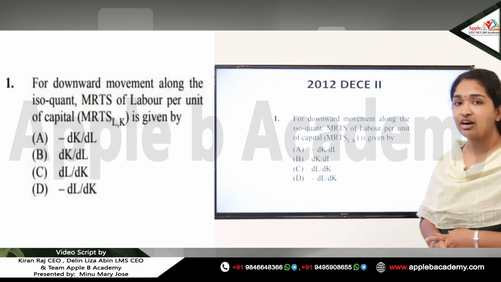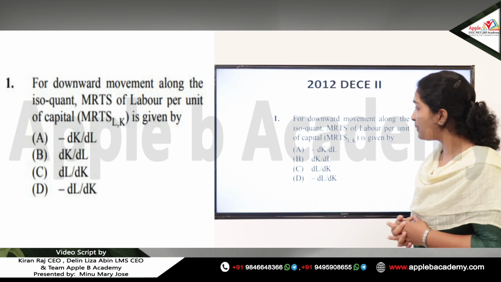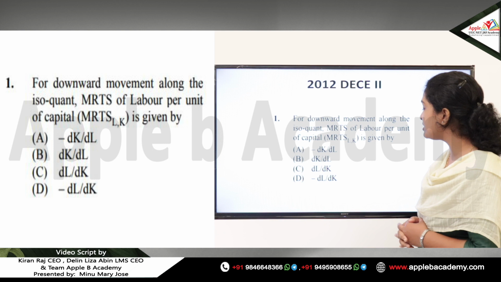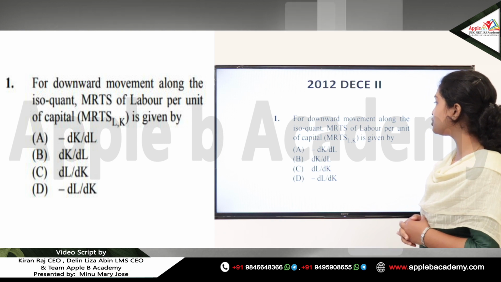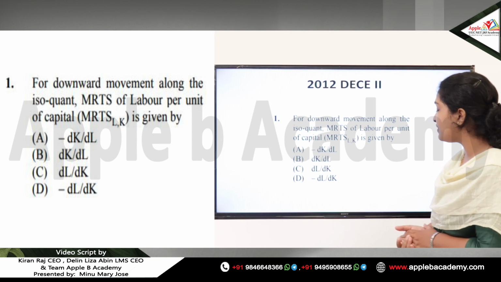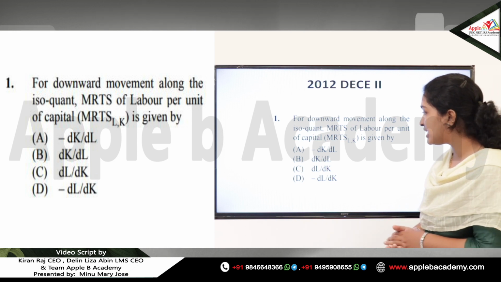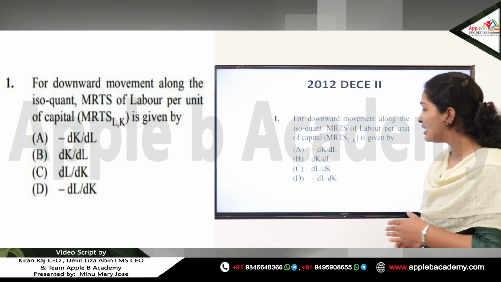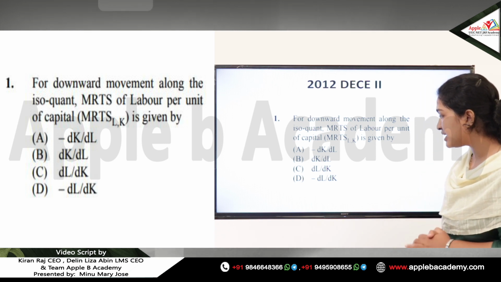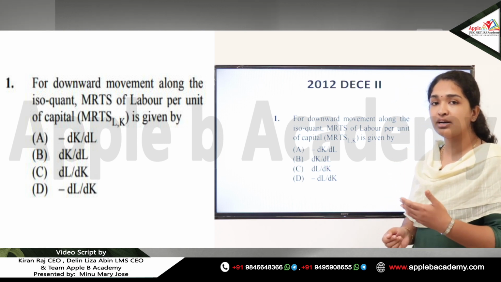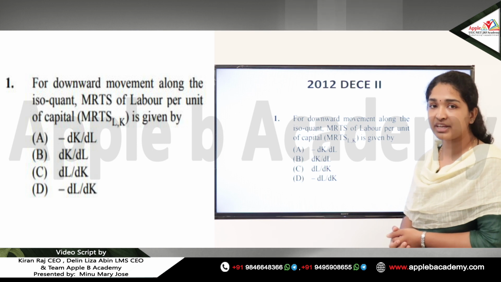Now the question is from 2012 December paper 2. The question is, for downward movement along the isoquant, the marginal rate of technical substitution of labor per unit of capital, that means MRTS LK, is given by option A minus dk by dl, option B dk by dl, option C dl by dk, and option D minus dl by dk. Again this is a very direct question based on the concept of MRTS, marginal rate of technical substitution.